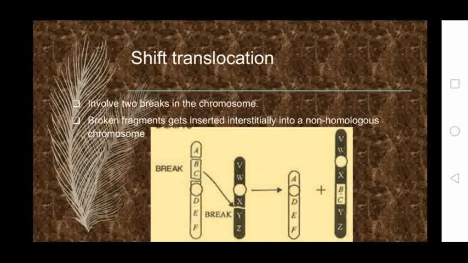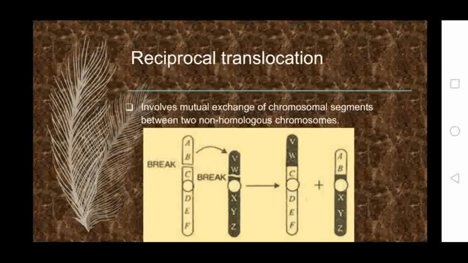It involves two breaks in the chromosome, whereas simple translocation involves only a single break, and that broken fragment is attached to the terminal end of any non-homologous chromosome. But in shift translocation there occur two breaks in the chromosome, and the broken fragments get inserted interstitially into a non-homologous chromosome. And the third type of translocation is a reciprocal translocation.